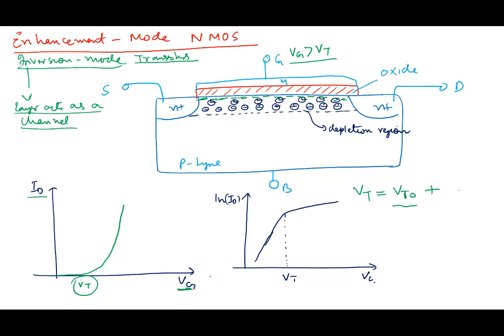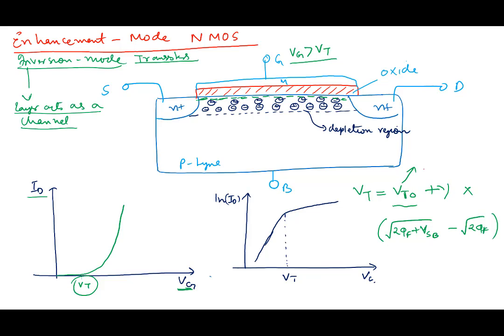So we have this expression: VT equals VT0 plus gamma, a parameter, multiplied by the square root of 2 phi f plus VSB, minus the square root of 2 phi f. So VT0 is a constant.